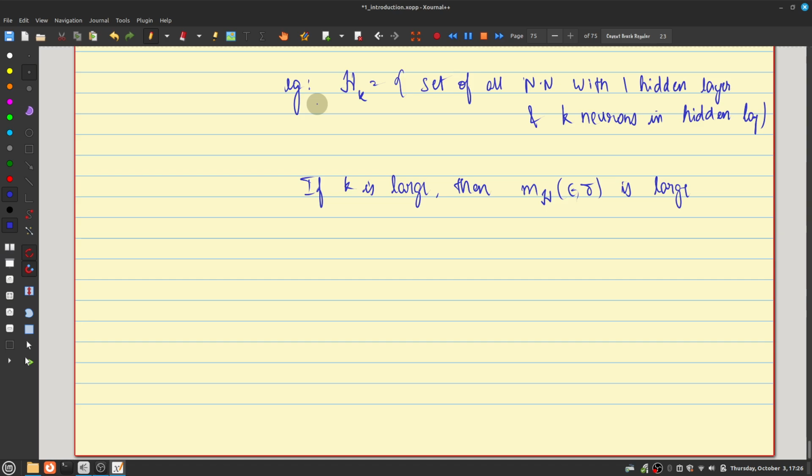N is the size of the training set. R of h exists, but R of h is something you can never compute, right? The learner can never compute R of h.